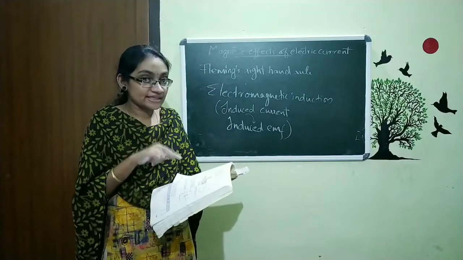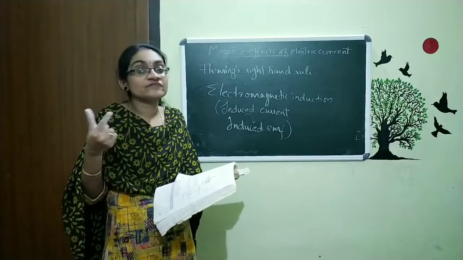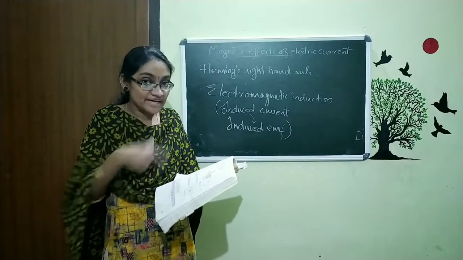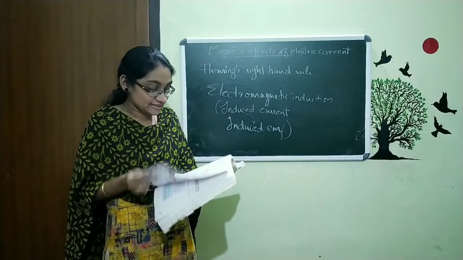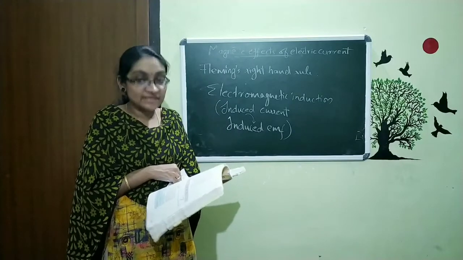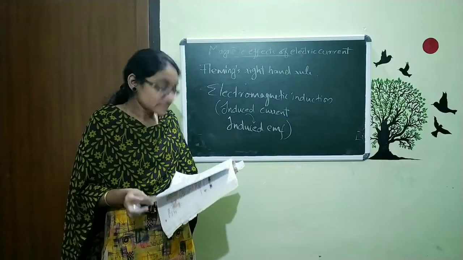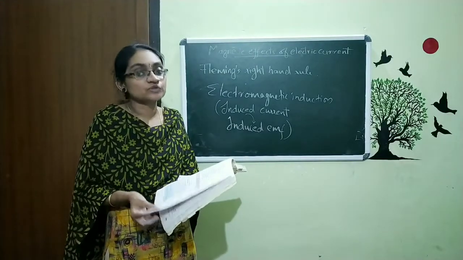After that we studied the force acting on a conductor when we place it in a magnetic field, the thing we discussed in our last physics class. Then we discussed the working of the electric motor, which is very important. And after that we discussed electromagnetic induction, our today's topic.